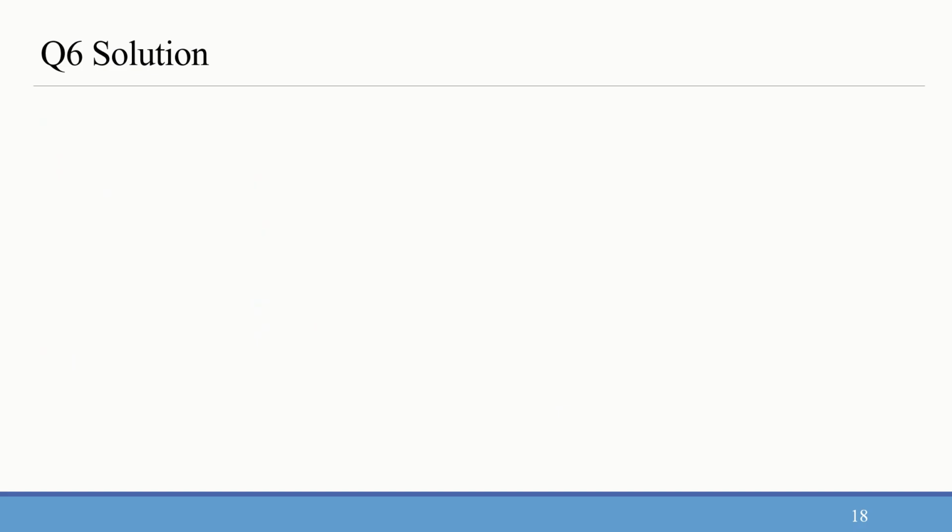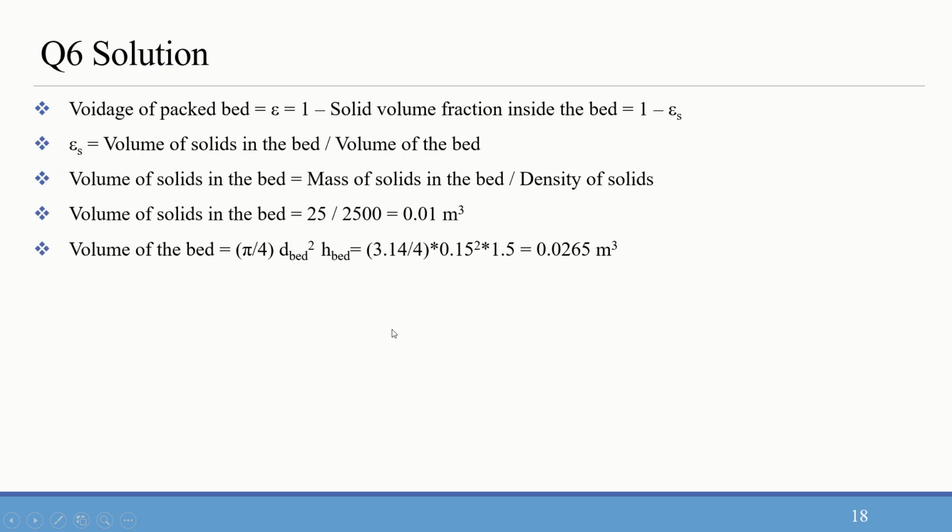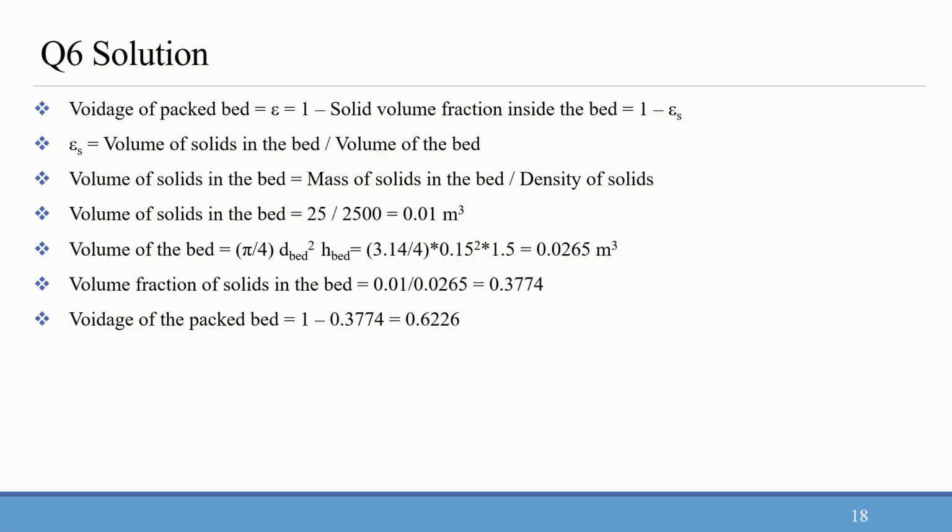Generally what happens is that voidage won't be this high. Packing fraction itself will be 0.6. Voidage will be like 0.4, something like that. That too for spheres and all, we can take it around 0.62 as the packing fraction and 0.38 as the void fraction.